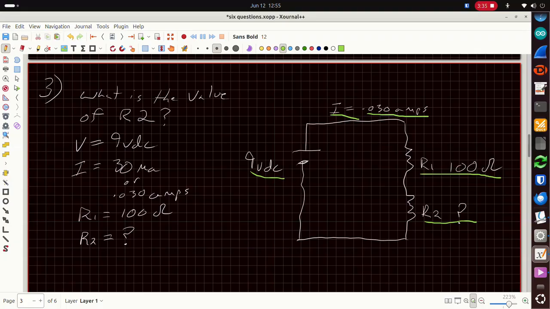And we know R1 is 100 ohms. So here's a 9 volt circuit. We know what current is, 0.030 amps. We know the value of R1 is 100 ohms. So what's the value of R2?